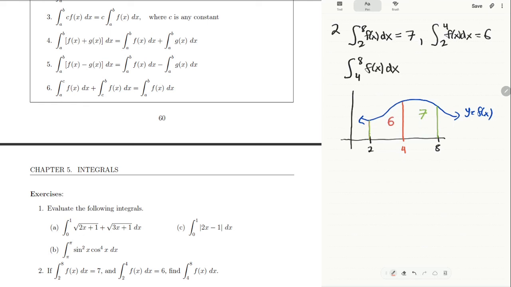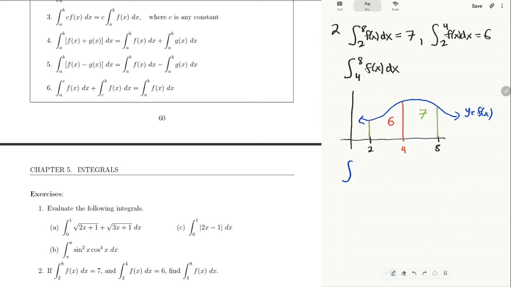Okay, so this region is equal to 6. And what we're after is the integral from 4 to 8, so the area under the curve from 4 to 8. And so what we're after is just the area from 4 to 8.